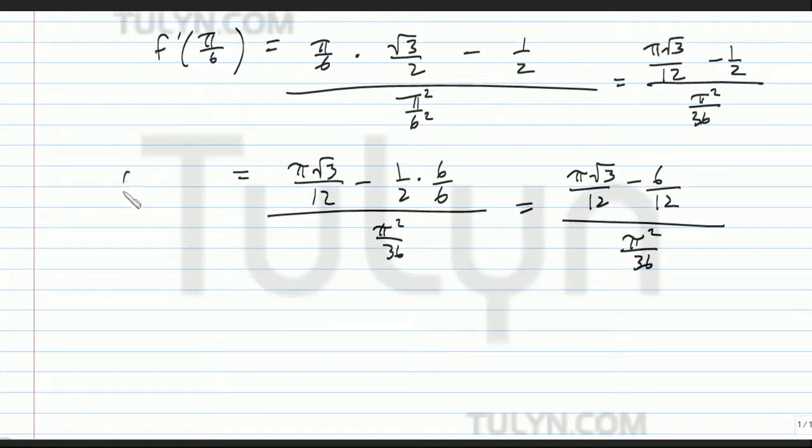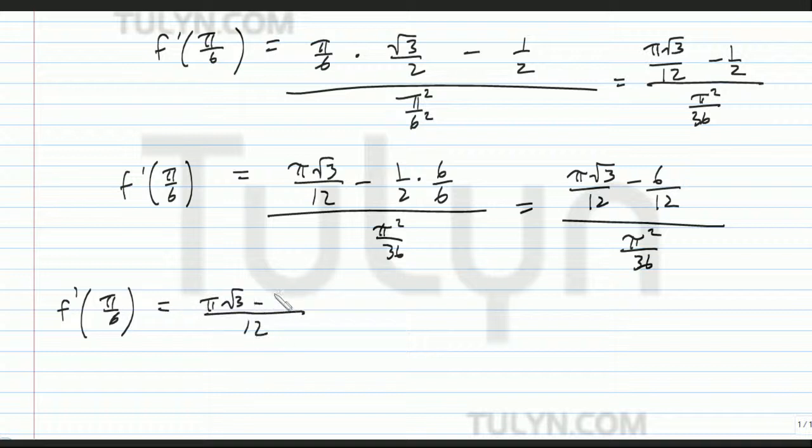And just go ahead and write that horizontally, so that's going to be f prime of pi over 6 equals pi radical 3 over 12 minus 6, divided by pi squared over 36.